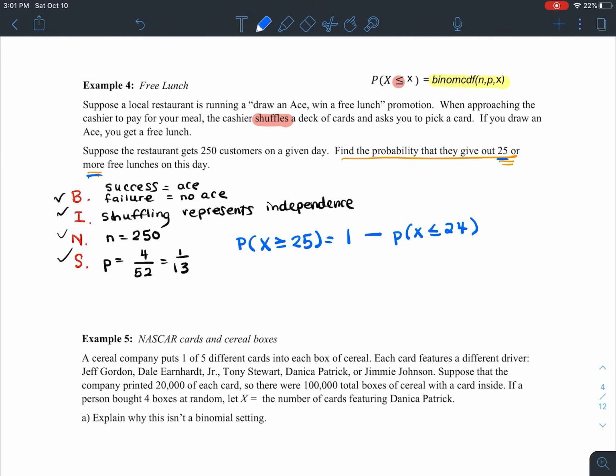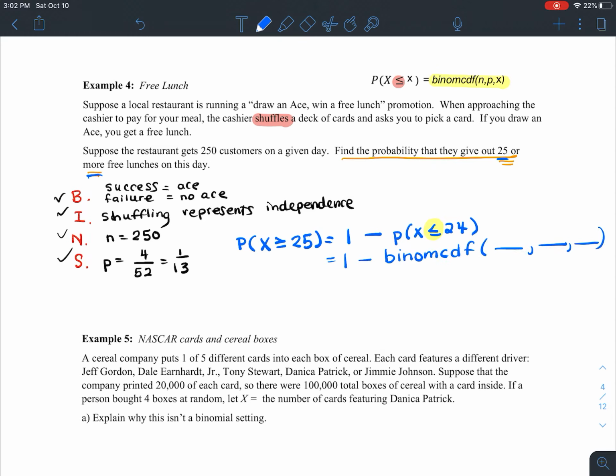And when you write it like this, now this is a less than or equal to, so now I can replace this part with a binomial CDF command.